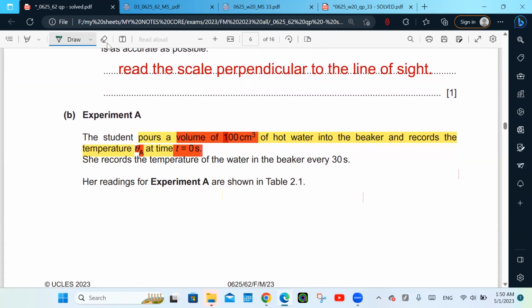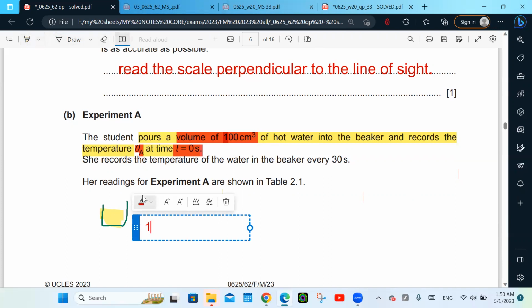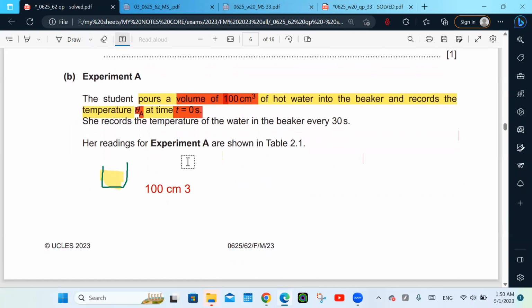The student starts with a beaker, and he pours 100 cubic centimeters of water, and he records the time at the beginning. The time starts from 0. And she records the temperature of the water in the beaker every 30 seconds.